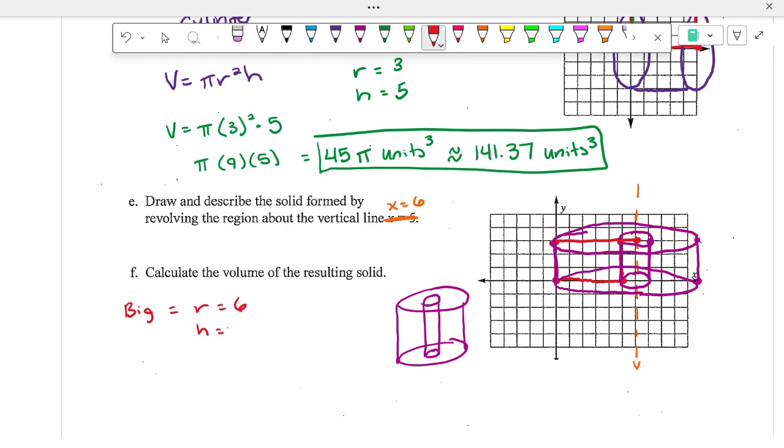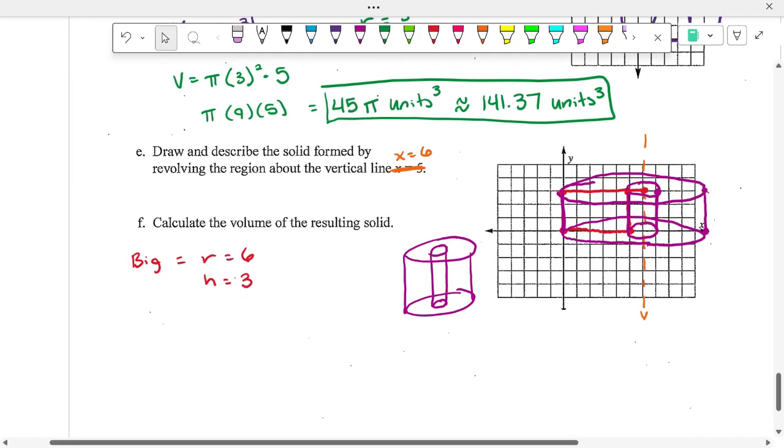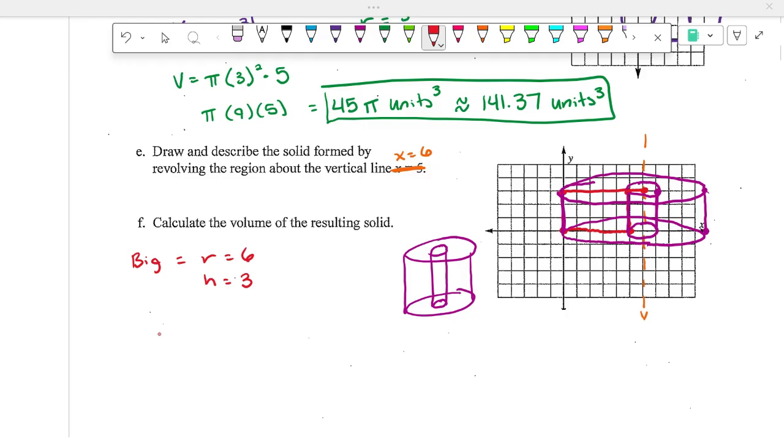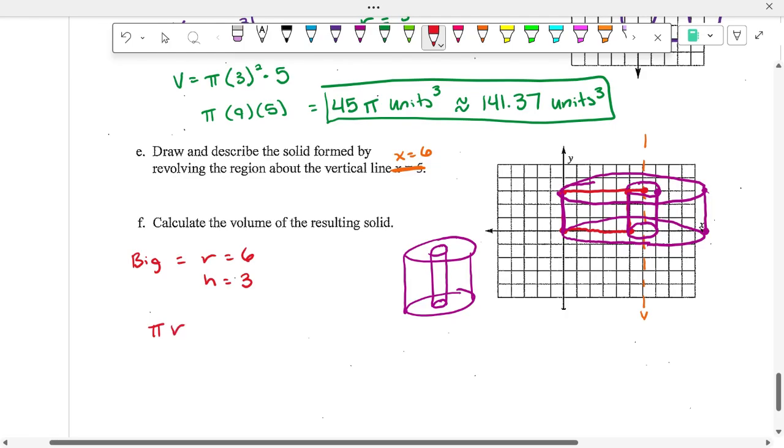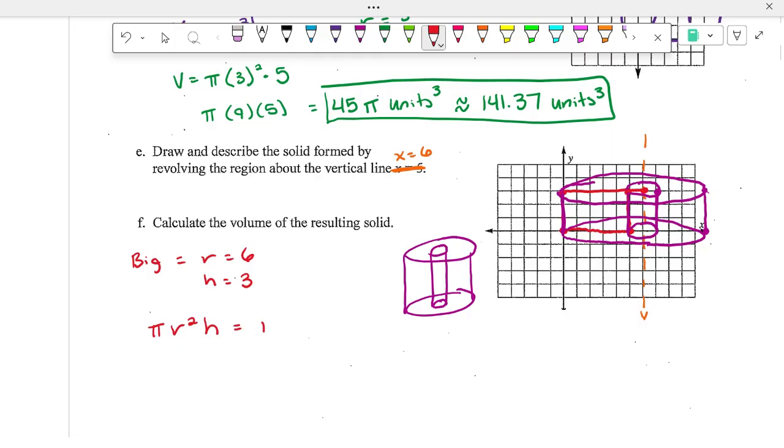What's the height? The height's still whatever the width of the rectangle is. It would be 3. Put it into the formula. So it would be pi r squared h. That's equal to pi times 6 squared times 3.